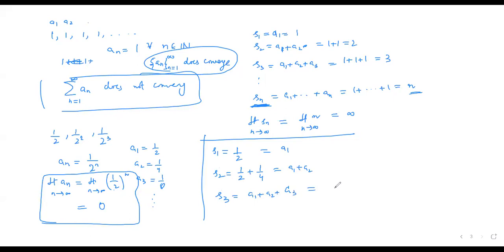That would be of course 1/2 plus 1/4 plus 1/8. Similarly, I can think of S_n as 1/2 plus 1/2 square plus so on and so forth, 1/2 raised to power n.